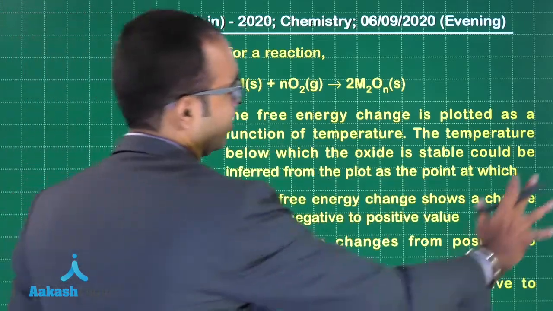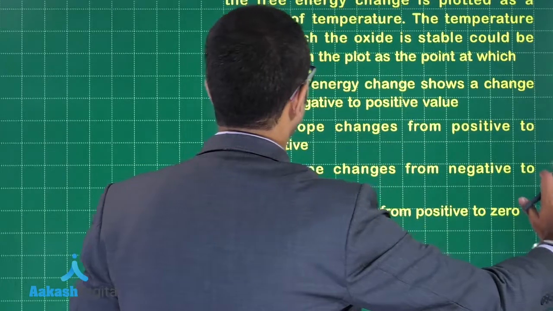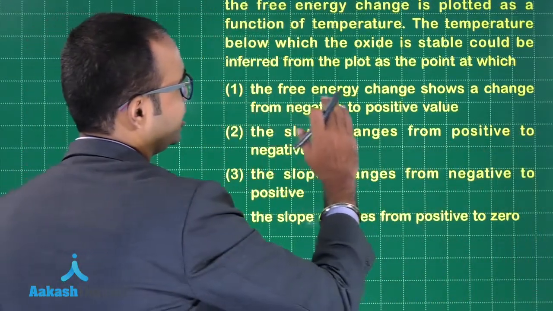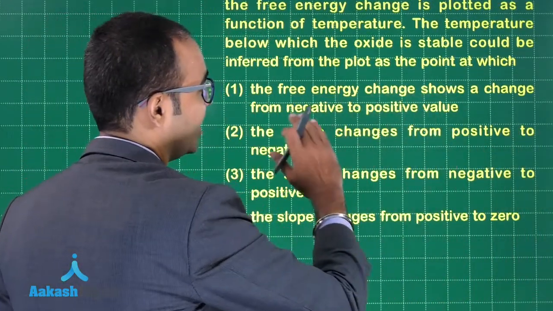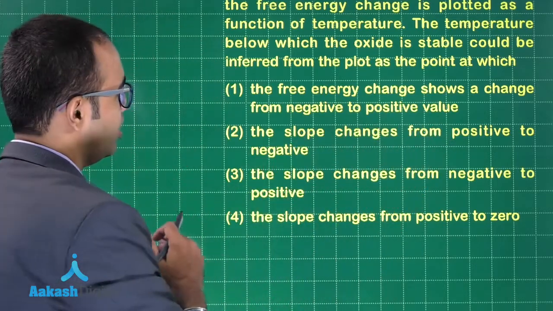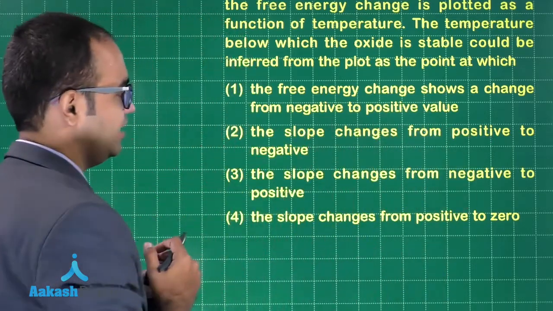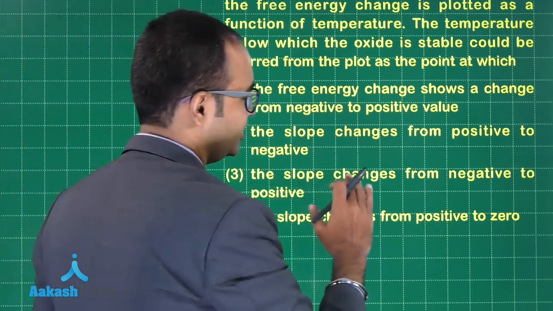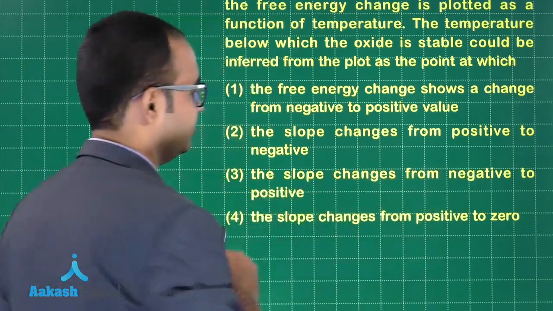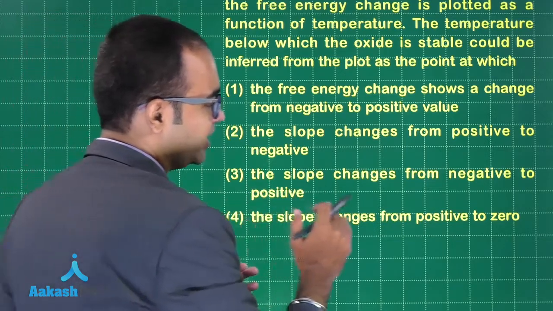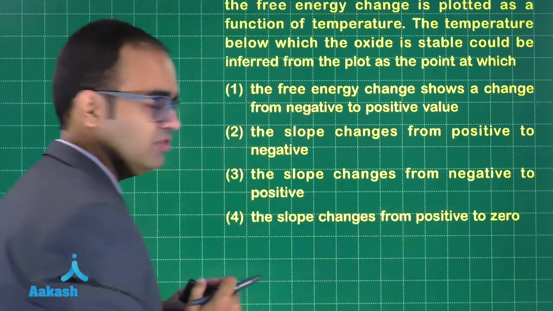Okay, let us quickly go through the options. The free energy change shows a change from negative to positive value. The slope changes from positive to negative. The slope changes from negative to positive. The slope changes from positive to 0.